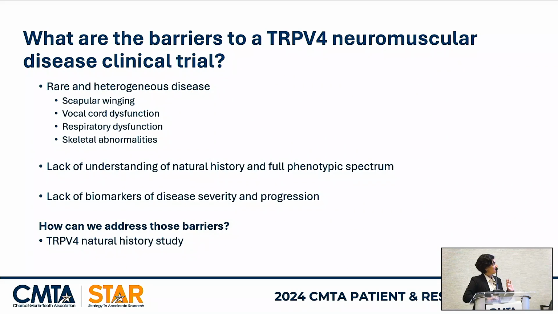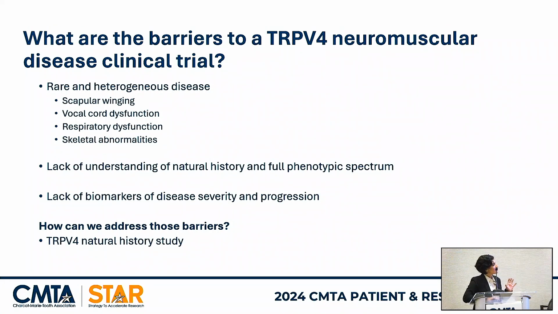We lack an understanding of the natural history of CMT2C, meaning we lack an understanding of how this form of CMT progresses over time. We also lack an understanding of the full phenotypic spectrum of this disease. And the field currently lacks biomarkers of disease severity and progression to appropriately design a clinical trial with confidence.